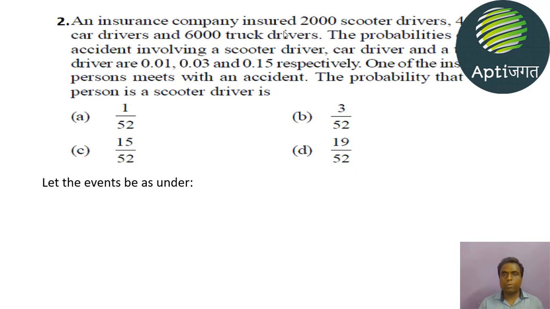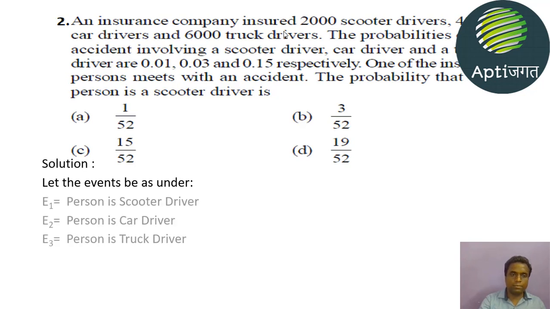Also, the individual probabilities of meeting an accident are given. Now we have to find the probability that the person is a scooter driver, given that the person meets with an accident.